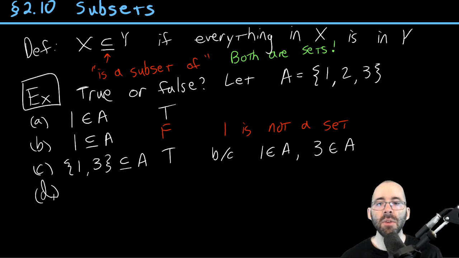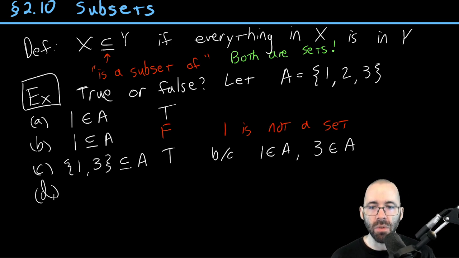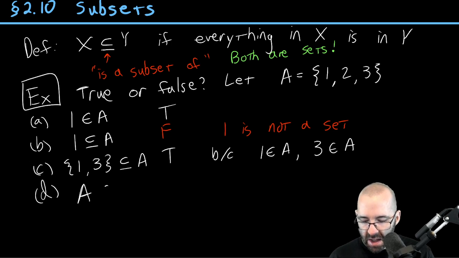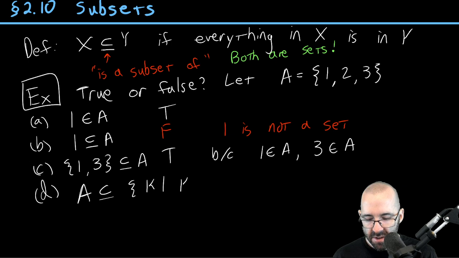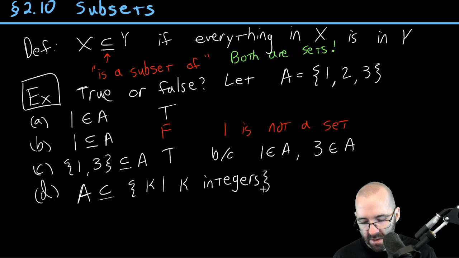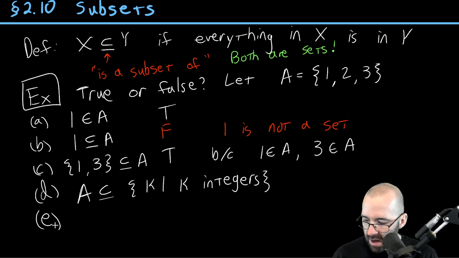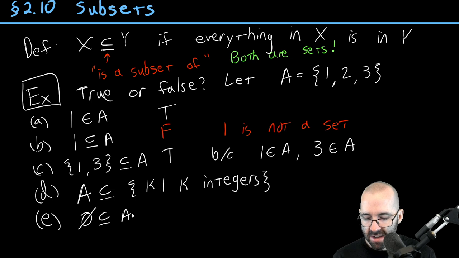All right, I want to write down a few more, and I want you to pause the video and try to come up with all the answers, and then we'll go through them together. Okay? Is A a subset of the set of all K such that K's are integers? Remember, integers are like the counting numbers, but they can be negative. I also want you to answer, is the empty set a subset of A?